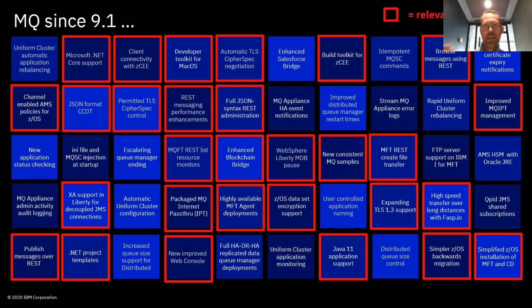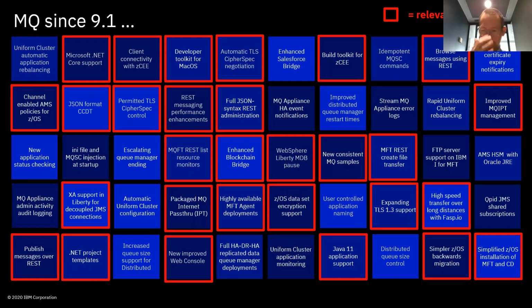So these are, like I said at the beginning, either specific zOS capabilities or capabilities that are still relevant. So things that run on distributed but can connect into zOS. And you can see that actually the good news is we are continuing to invest into zOS and have things that are relevant to the zOS side of things.